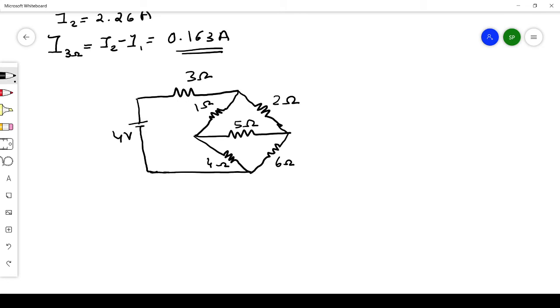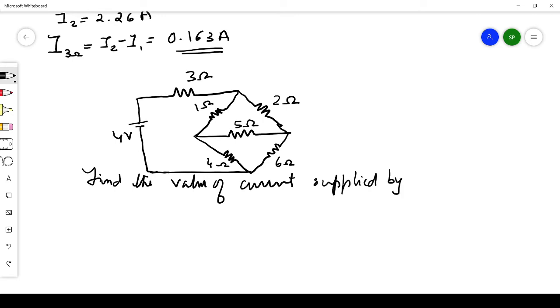Okay. Now consider the question: find the value of current supplied by the battery.